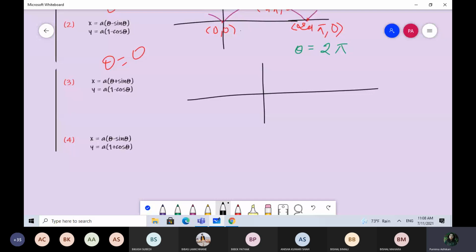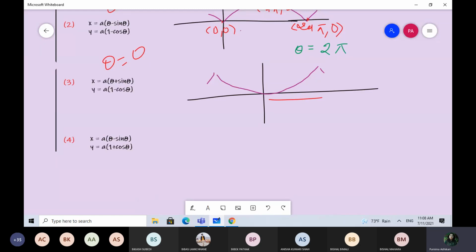Yes, exactly. It is passing through the origin. So your curve is facing upward like this. Again, you know that y will be maximum 2a and minimum 0. The value of y lies only between 0 and 2a. And this x distance is a pi distance.